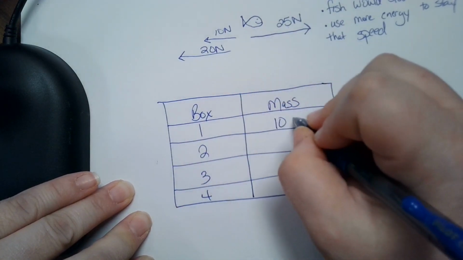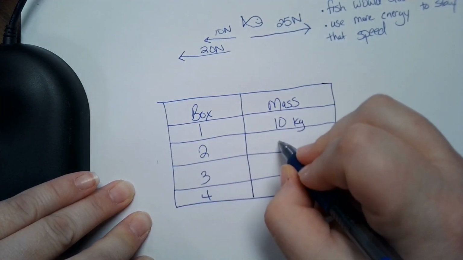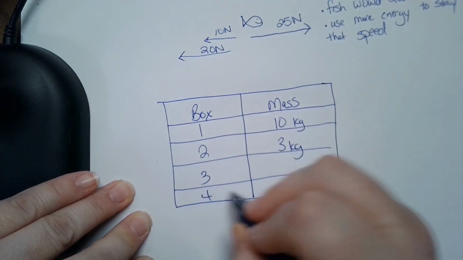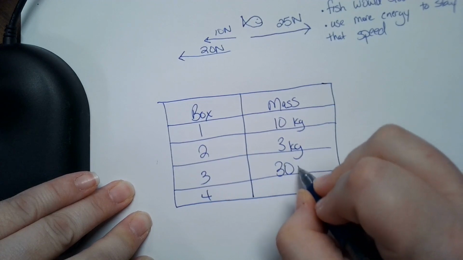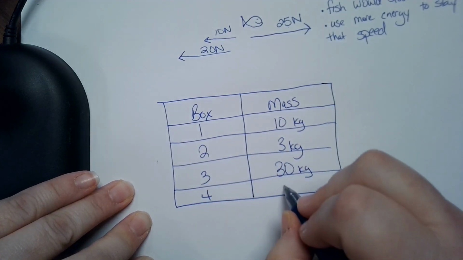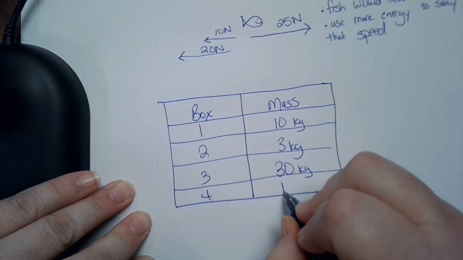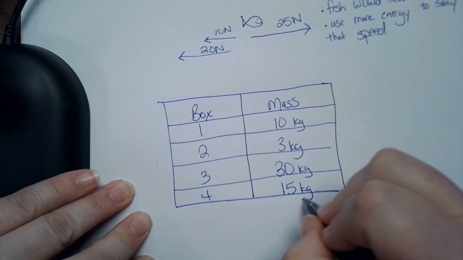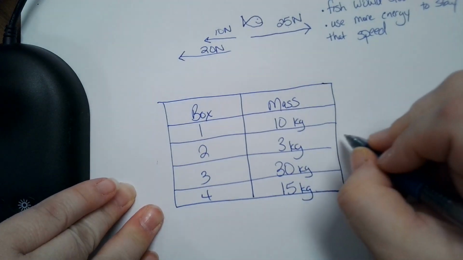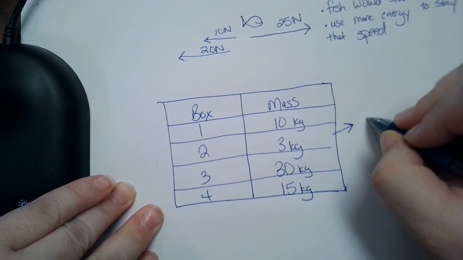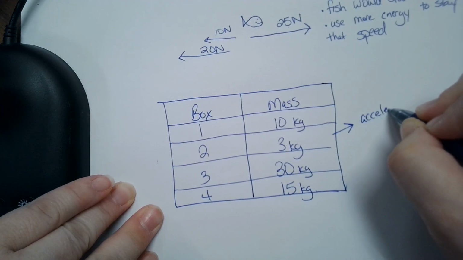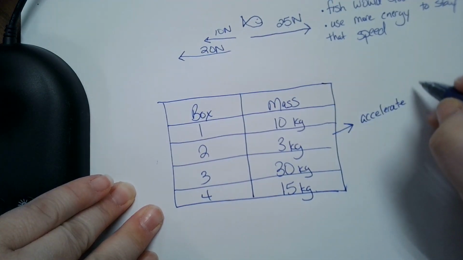And box 1 weighs 10 kilograms. Box 2 weighs 3 kilograms. Box 3 weighs 30 kilograms. And box 4 weighs 15 kilograms. Okay, we know that box 3 is going to accelerate the fastest because it's the lightest.